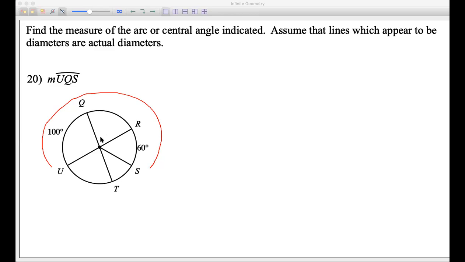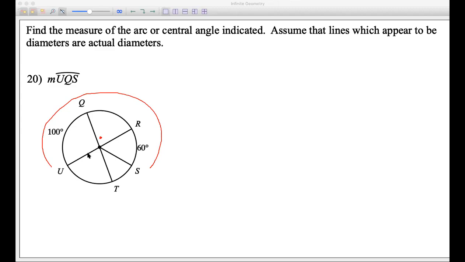I'll agree with the UT and QR. Yeah, they're vertical. I'm not sure why we need UT. It's not part of the arc, though. It's true. They're both blank, so we don't know either one. Okay. Central angles for UU and RS are 60. Okay, so basically all we need is this one right here, and we're done.